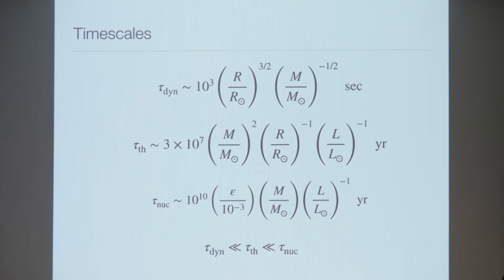The star may still not be in thermal equilibrium. We cannot observe a star for 30 million years, so we cannot tell in our lifetime whether a star is in equilibrium or not. But for dynamical changes, the star can adjust easily, and we can easily see if a star is dynamically stable or not.